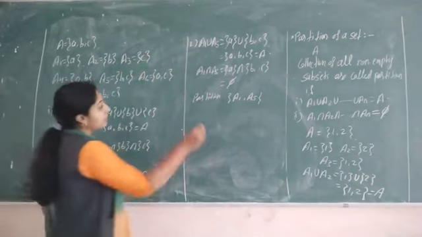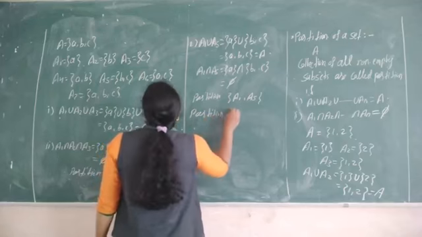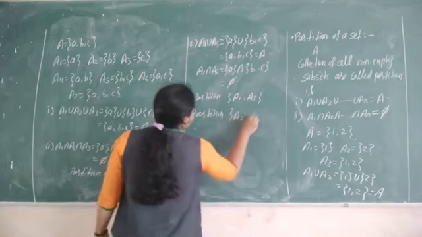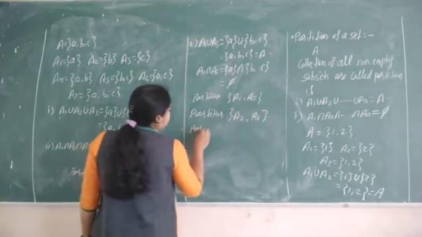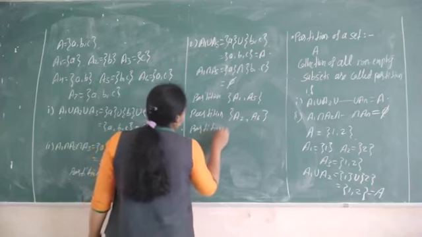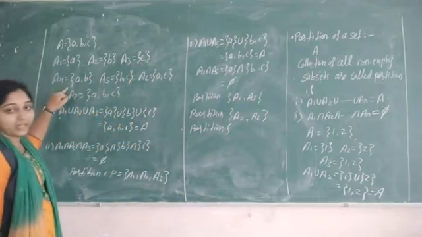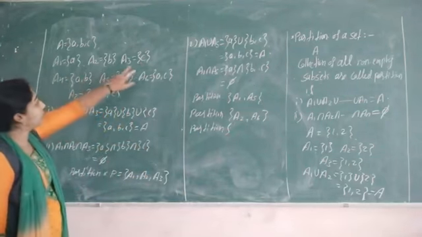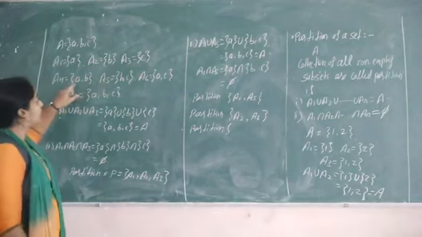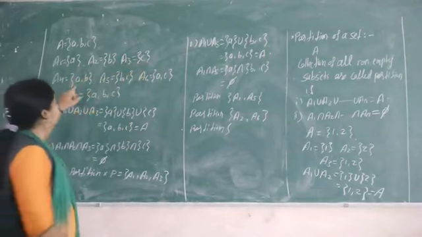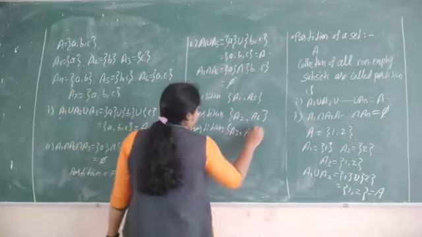So it satisfies the condition, and the next partition is A2 comma A6. Similarly, one more partition: A3 is {C} and A4 is {A, B}. The union of these two gives {A, B, C}, and the intersection is empty, since there is no common element. So the next partition is A3 comma A4.